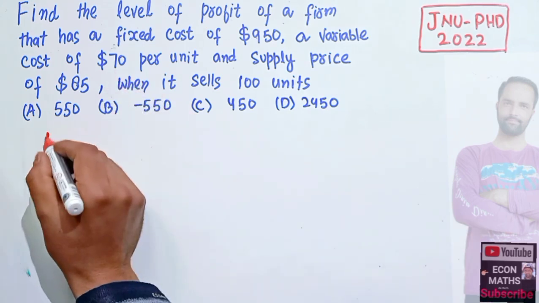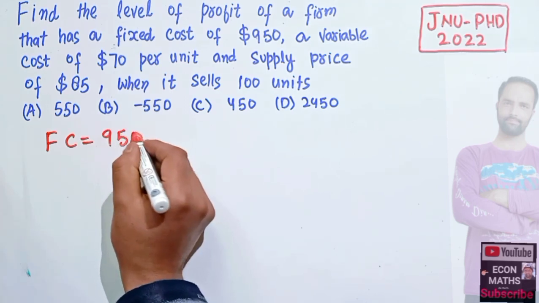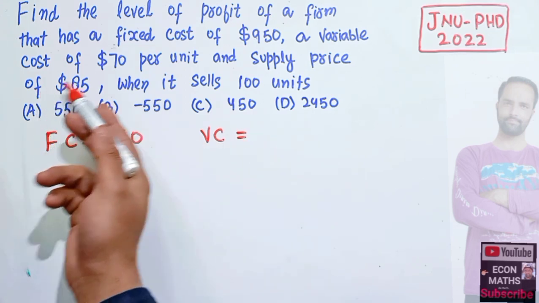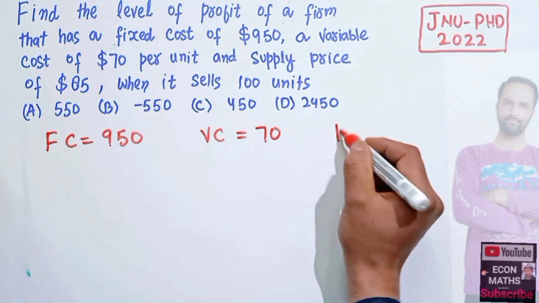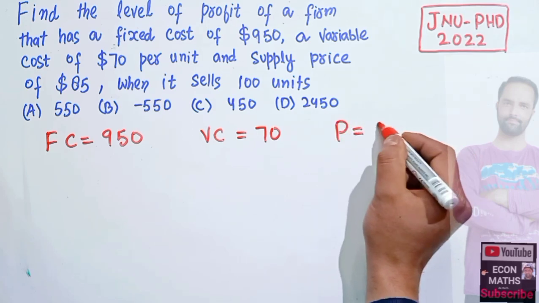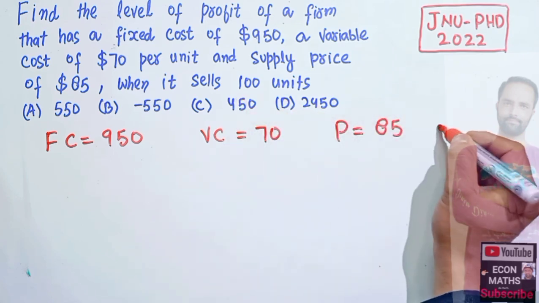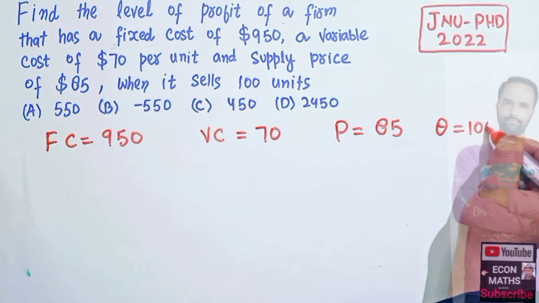The fixed cost is equal to $950, the variable cost is $70 per unit, the supply price is equal to 85, and the quantity sold is equal to 100 units.